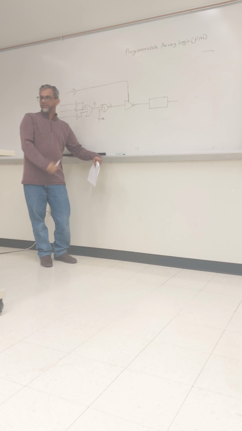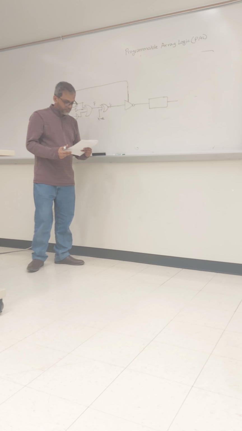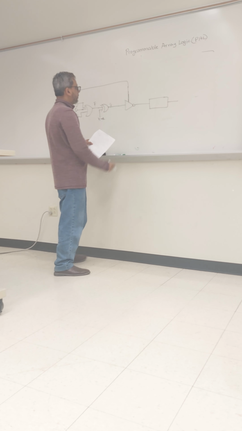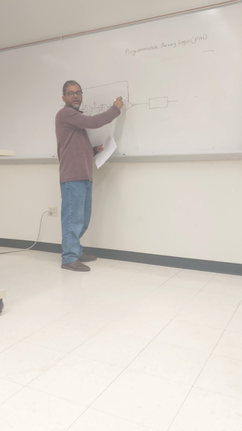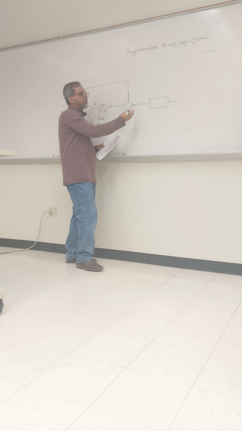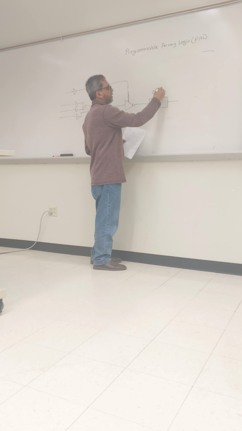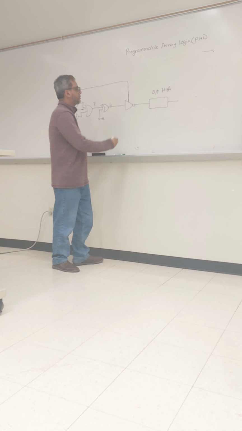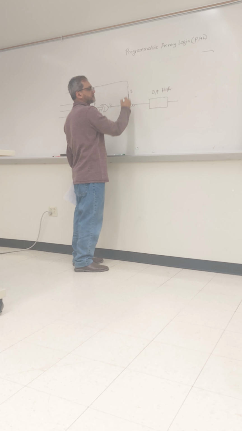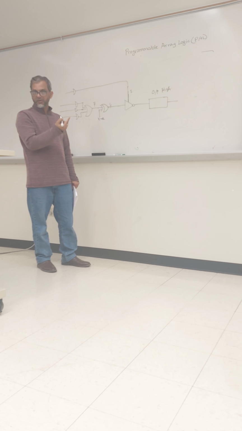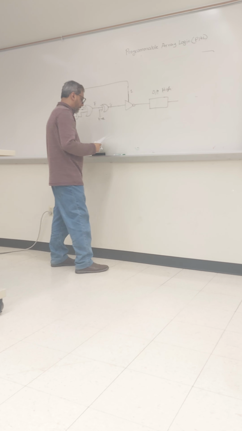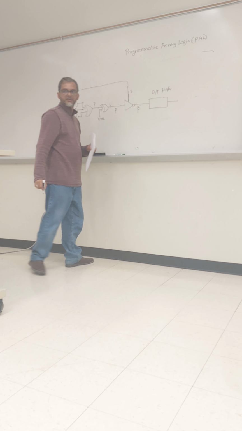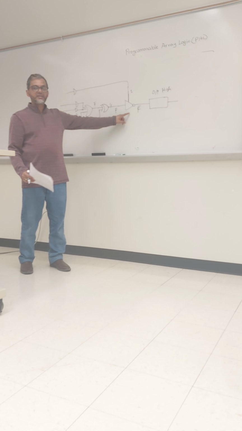When the control input is 0, the tri-state buffer will not act, so it will act like an open circuit, high impedance. When the control input is 1, the tri-state buffer will turn on. If we have an F here, we will get F bar here, because this is an inverter circuit.